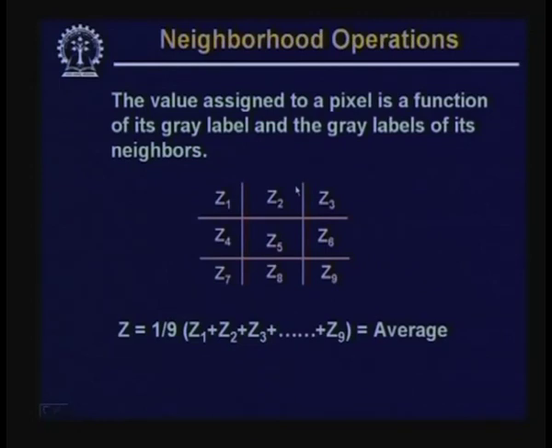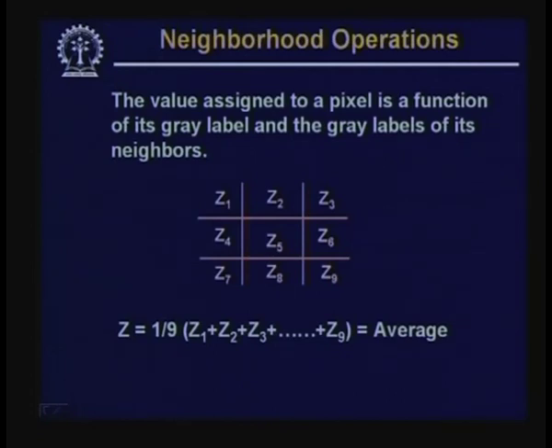In some other applications, we can also perform neighborhood operations. That is, the intensity value at a particular pixel may be replaced by a function of the intensity values of the pixels which are neighbors of that pixel P. For example, if this 3 by 3 matrix represents part of an image with 9 pixel elements Z1 to Z9, and I want to replace every pixel value by the average of its neighborhood including the pixel itself, then at location Z5 the average is Z1 plus Z2 plus Z3 plus Z4 up to Z9, divided by 9.